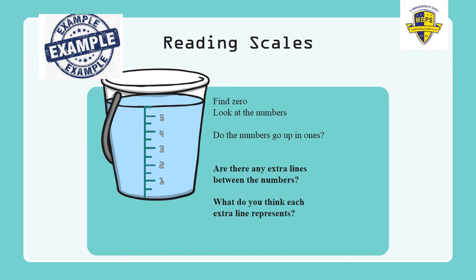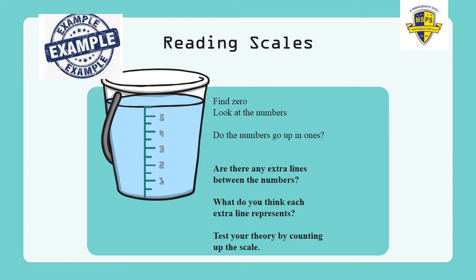This is exactly in the middle between 1 and 2. So, what do you think? This represents what? Good. This represents half. So, now to check if it is correct or not, we have to count up the scale.